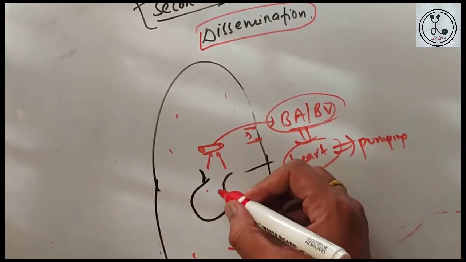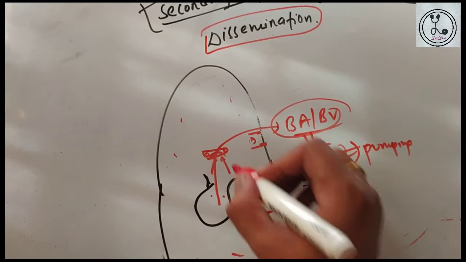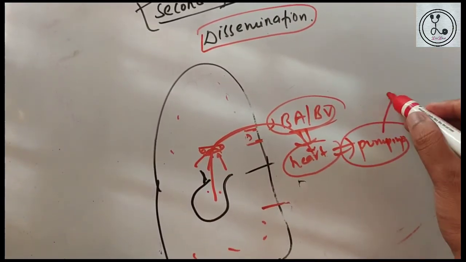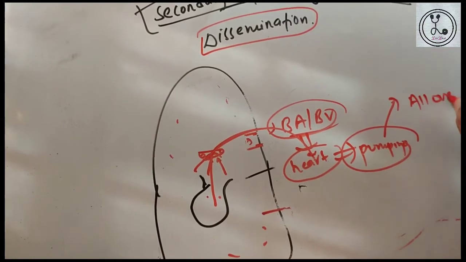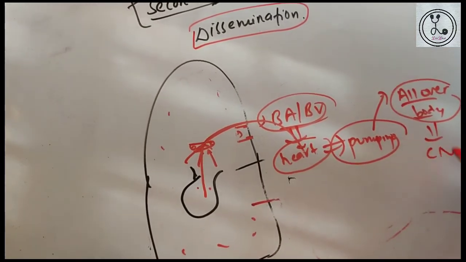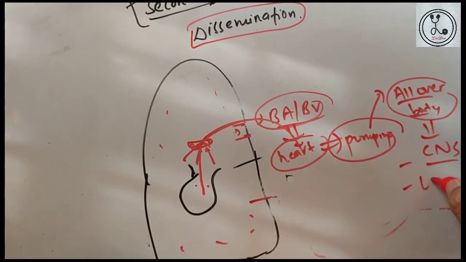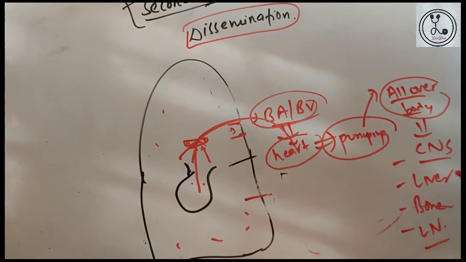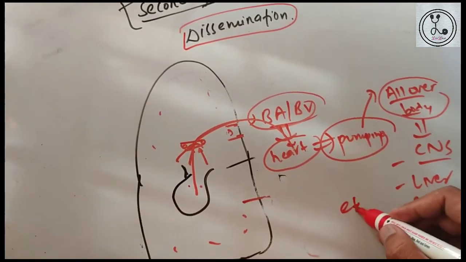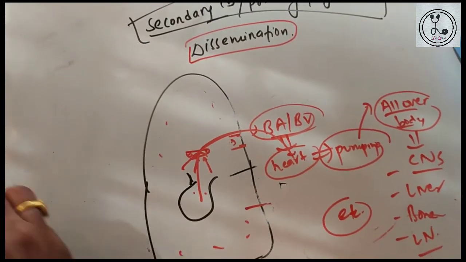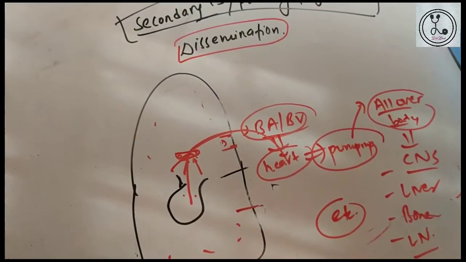So whatever bacteria go into the bronchial artery or bronchial vein will go into the heart, and from the heart they will disseminate all over the body. So it can go to the CNS, the liver, the bone, the different lymph nodes, etc. In this way, the bacteria can reach all parts of the body if they involve the bronchial artery or bronchial vein.